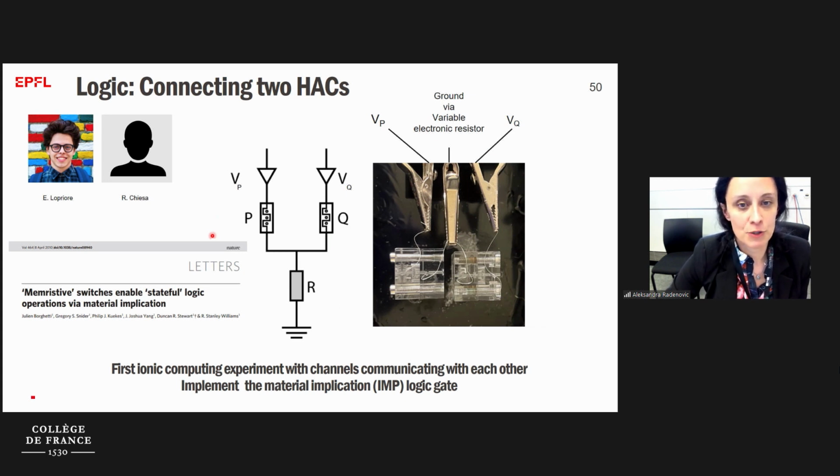One which we call VP and one which we call VQ. So now instead of being wired by wires, they are wired by water ions, and in between them we still have an electronic resistor, which plays a big role because we will need to adapt its resistance based on the logic functions that we want to implement.